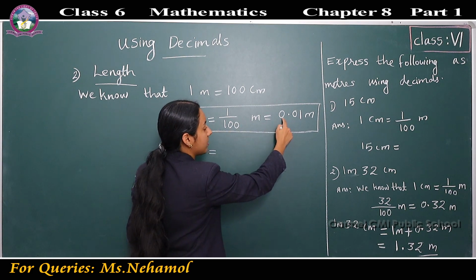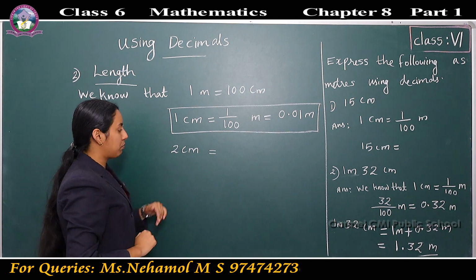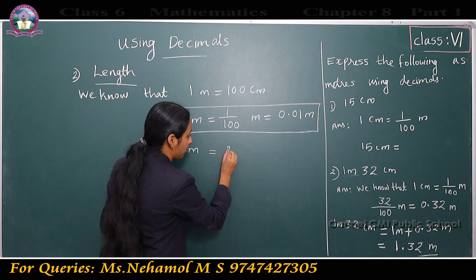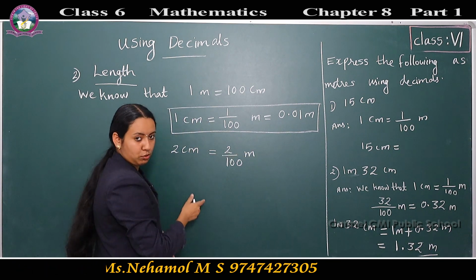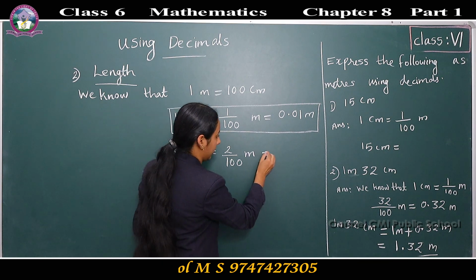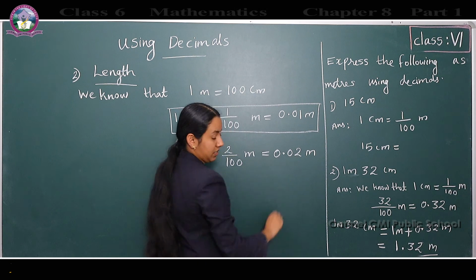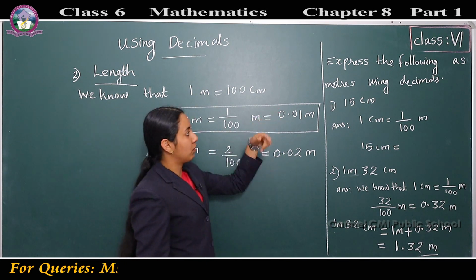That is equal to 0.01 meter. Then what about 2 centimeter? 2 centimeter will be equal to 2 by 100 meter. That is equal to 0.02 meters.